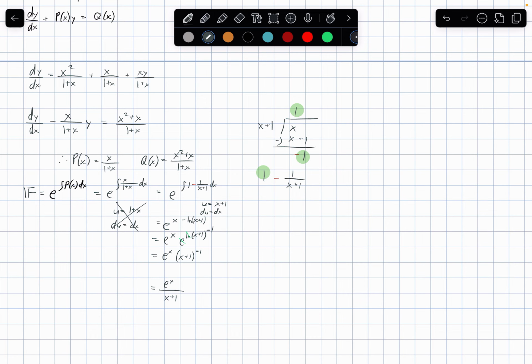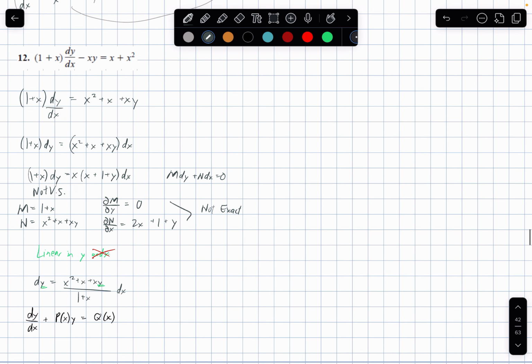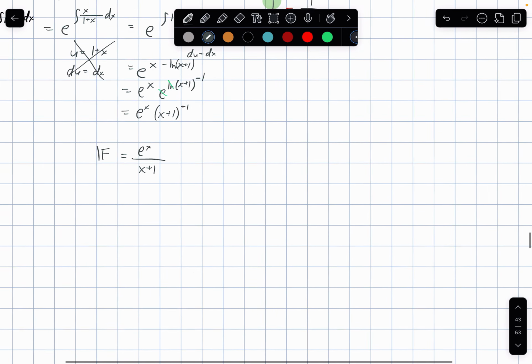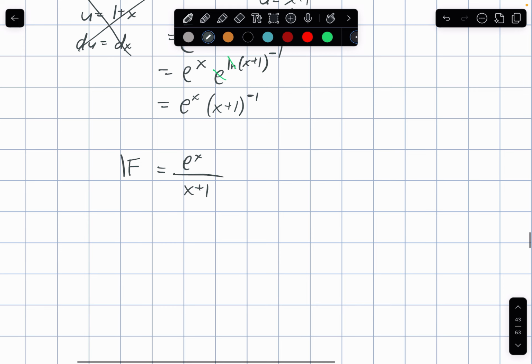I just want to verify if this integrating factor is correct so far. You have to be sure because it's a really long solution and it doesn't feel good if you don't get it right. And let's see. 1 over x. 1 plus x.